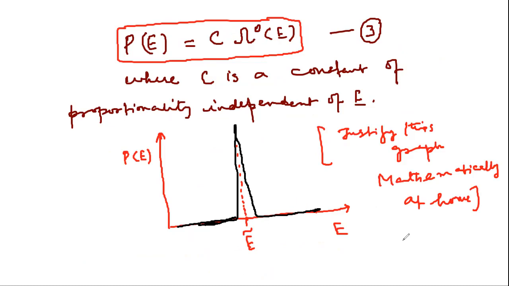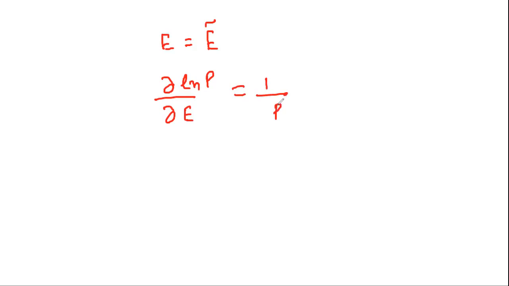So we need to find the value of E equal to E curly, where the partial derivative of ln P versus energy, which is equal to 1 over P dou P by dou E, we have to equate to 0. I call it an equation.